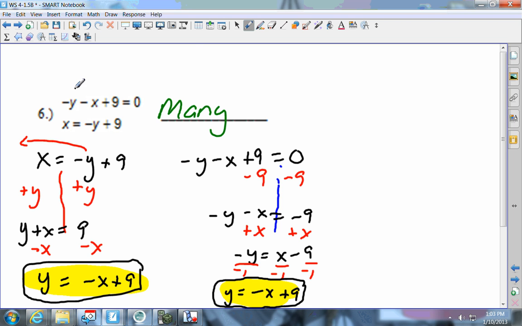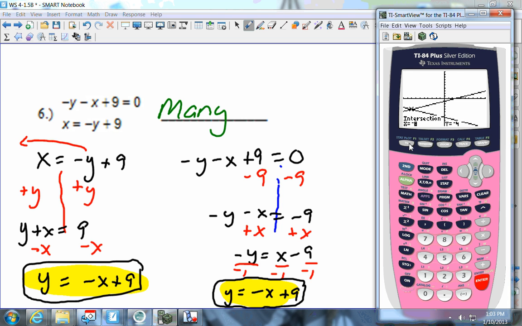Now let me show you something in the calculator. I go to y equals. Let me put them both in there. If I put in negative x plus 9, and I go down here and put that in again, negative x plus 9. I'm going to arrow all the way over to the left and press enter.